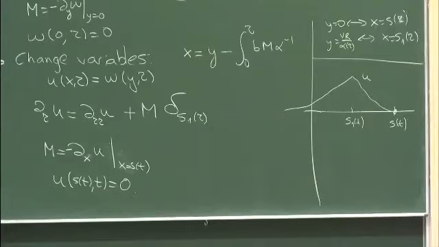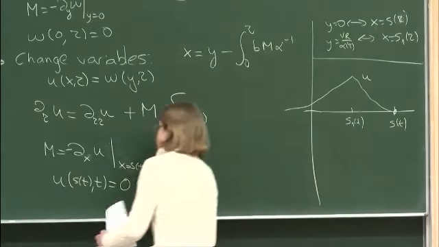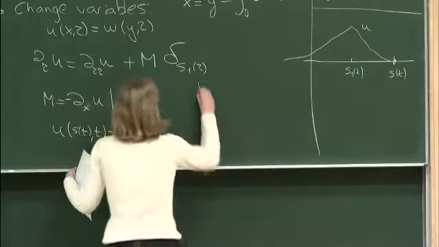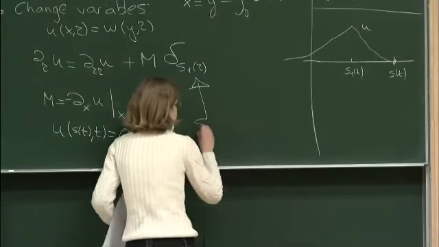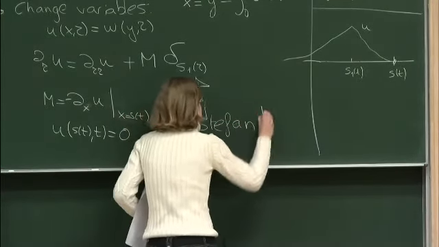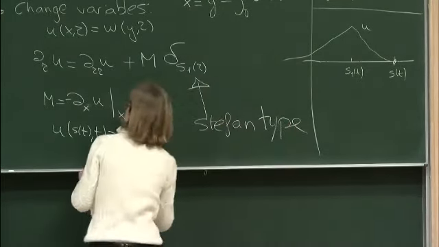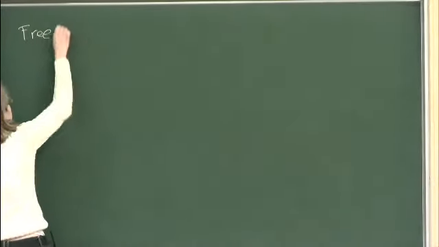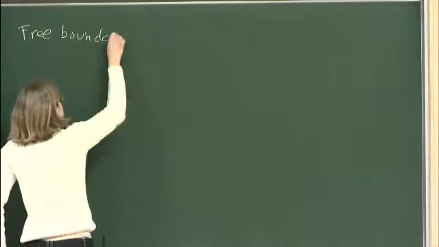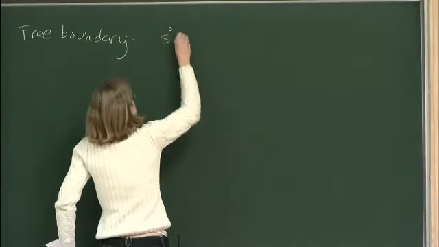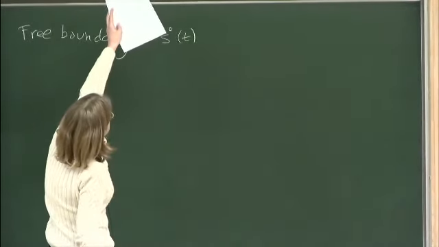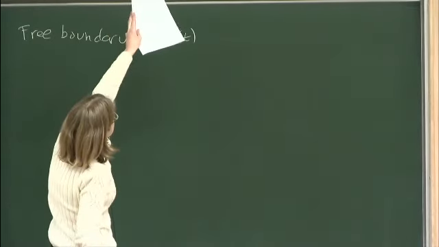And this is a Stefan type problem, because if I compute the movement of the free boundary, s prime of t, just look up there at the relation between x and y.